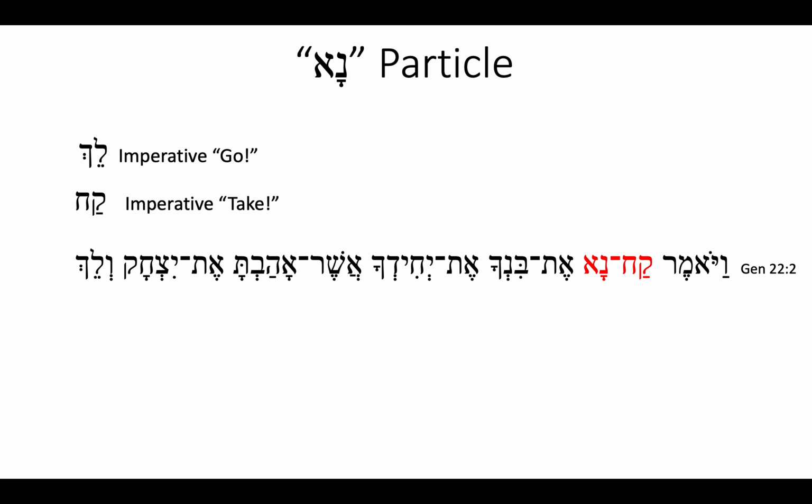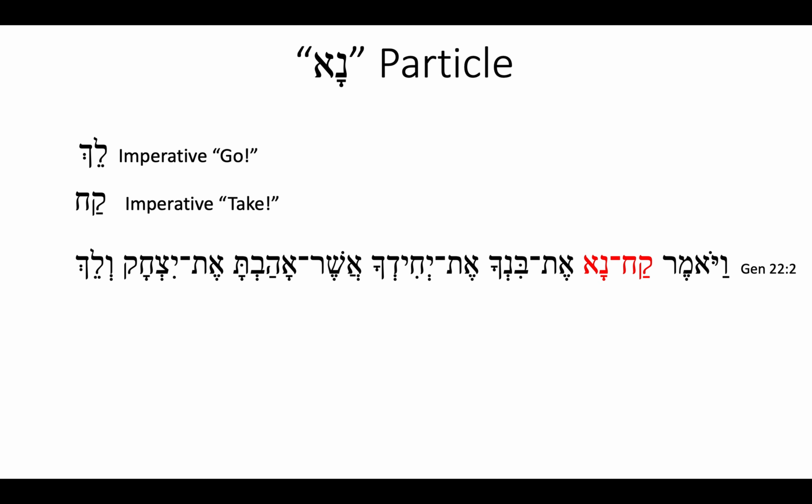Na is usually used in narratives like this to soften the imperative, and so sometimes this is called the particle of entreaty. It usually gives the speech a sense of more of a pleading rather than an order.